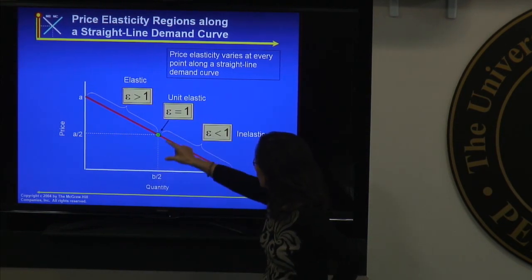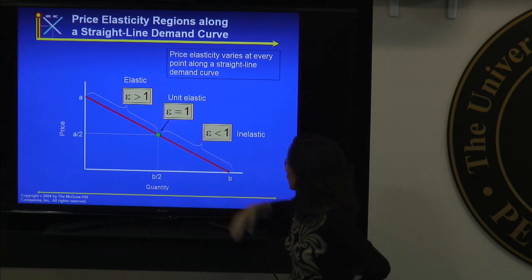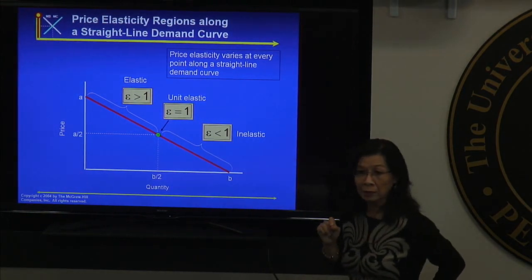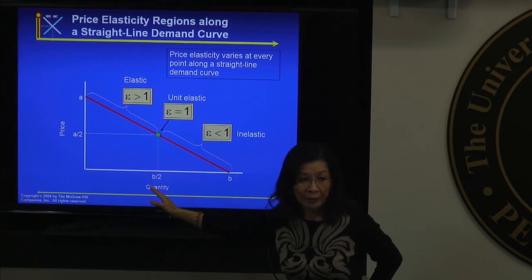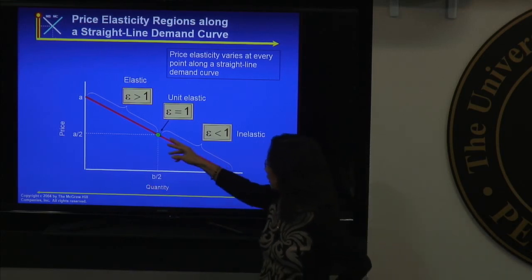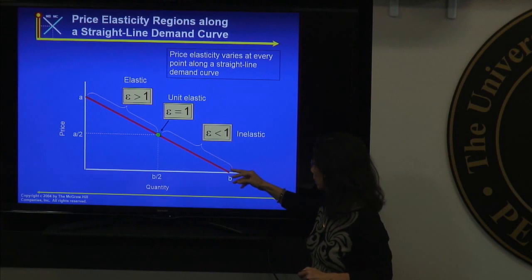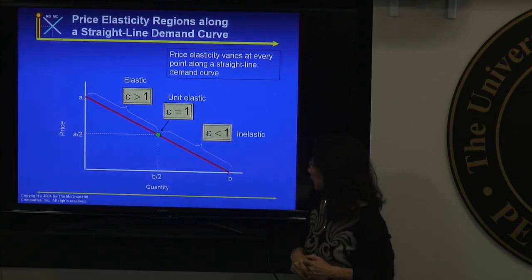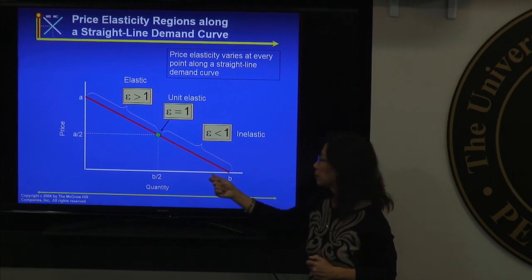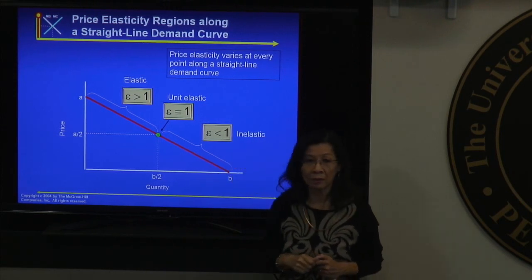So you got 5 and 10 here. That's the midpoint, and that's where your price elasticity of demand for that particular good is unit elastic. And you also notice that as you move slowly down this way, it gets more and more inelastic.